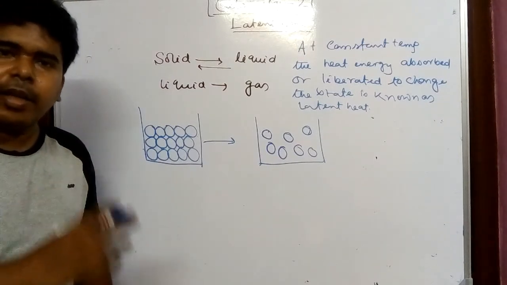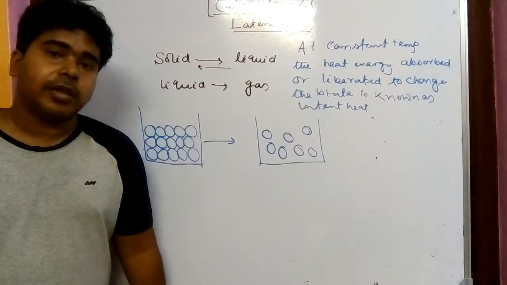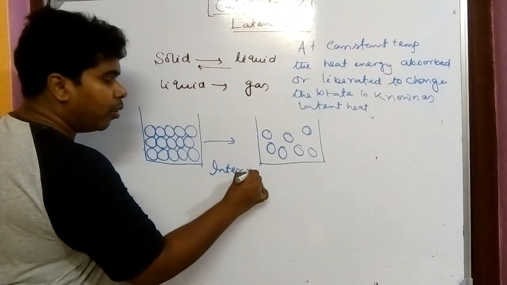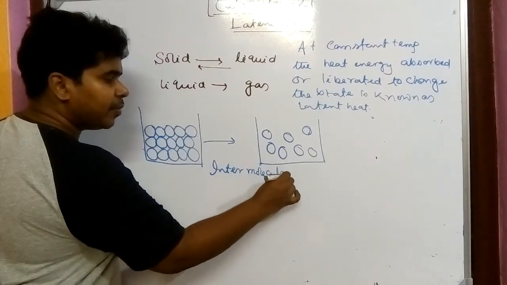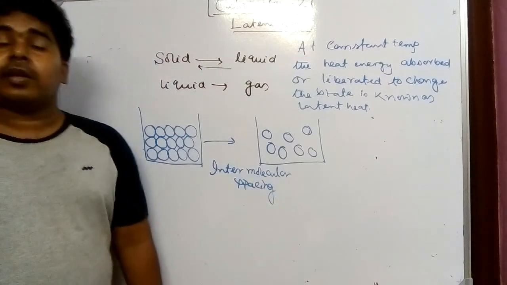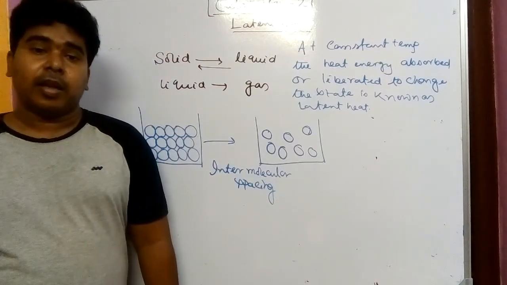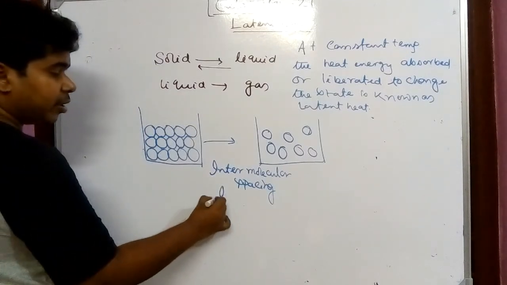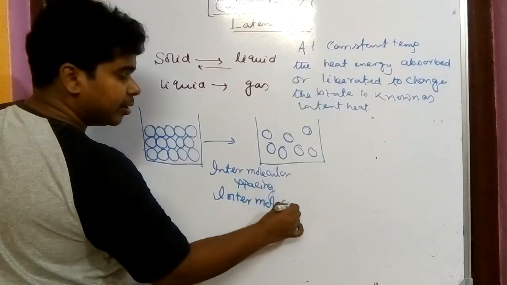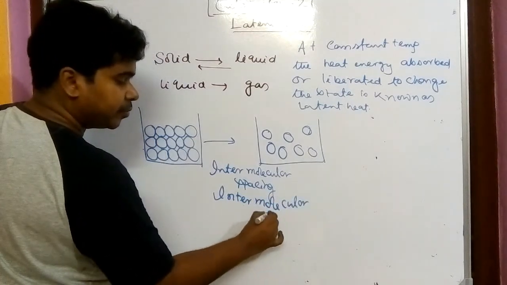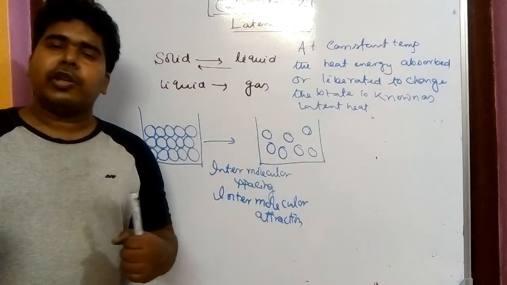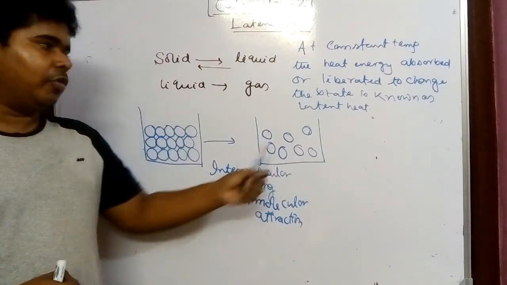So latent heat is such a kind of heat energy which changes the intermolecular spacing, or we can say which changes the intermolecular attraction. In a solid, the intermolecular attraction is more, but in a liquid it is less.